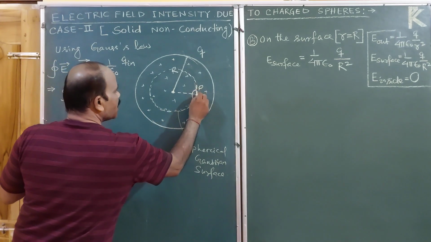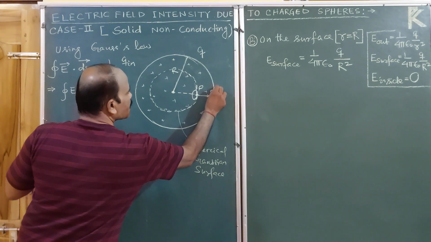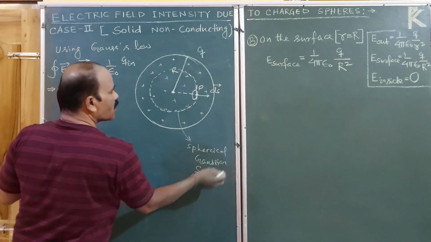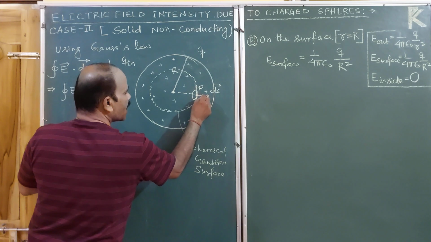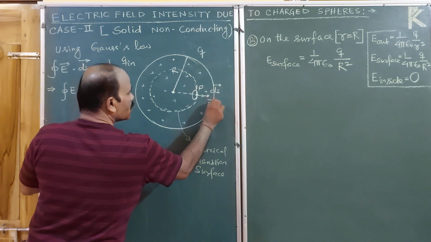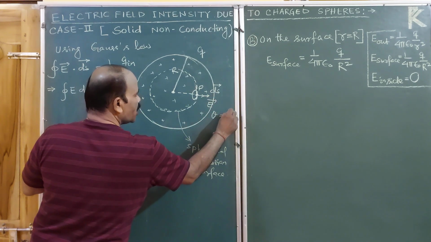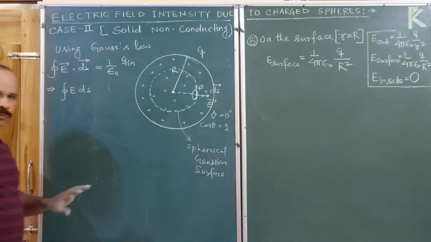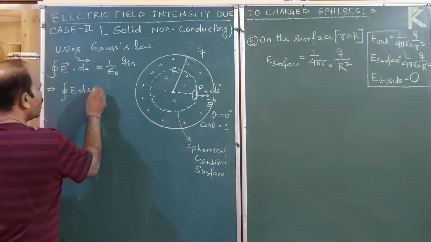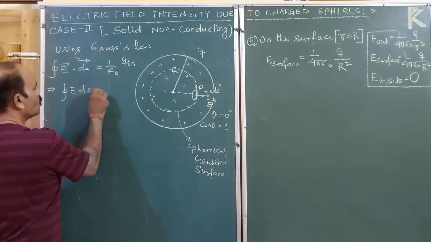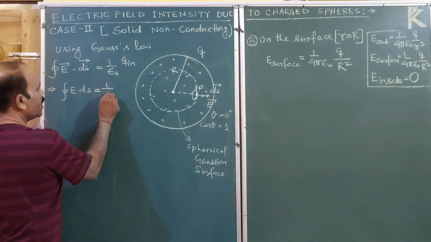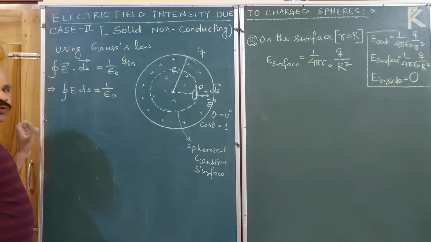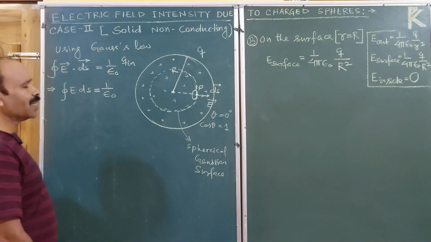So this is my ds, okay, outward normal, and is again radially outward. So theta is equal to again 0 degree. So cos theta becomes 1 again. No change up to this, no change. Okay, mark the change we are going to face. So 1 divided by epsilon naught times q in.